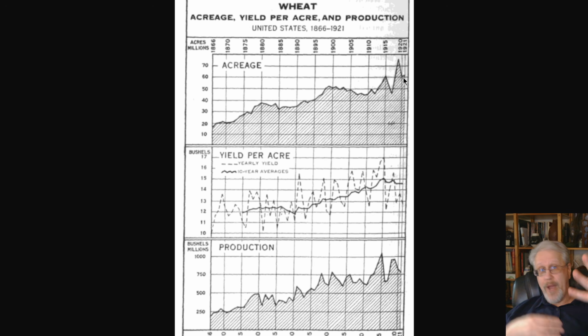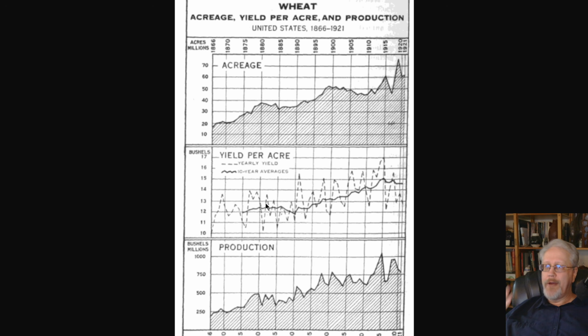That's 4 acres per worker. So we're doubling the number of acres per worker between 1870 and 1920. Actually, the real numbers are like 1.25 and 2.5 or something, but it really is a doubling of the number of acres each worker works. So that's one area. That means they're more productive in what they're doing.